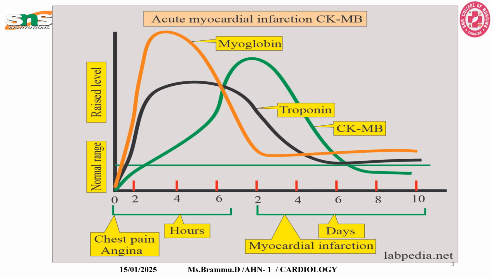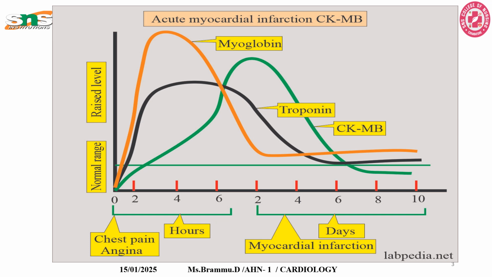So, coming to the details on the cardiological problem, especially when the patient is having myocardial infarction, we can evidently see the changes, that is the peak level as well as the plateau level or the downward level of these cardiac enzymes. On the x-axis, they are given starting from 0 to 6 hours, followed by the days from 2 to 10.